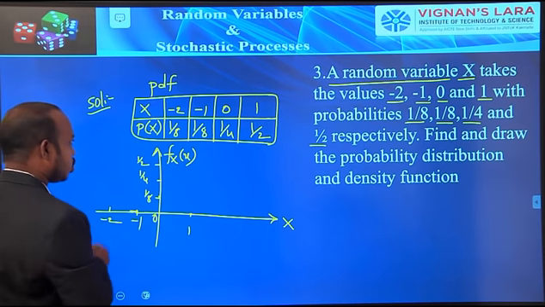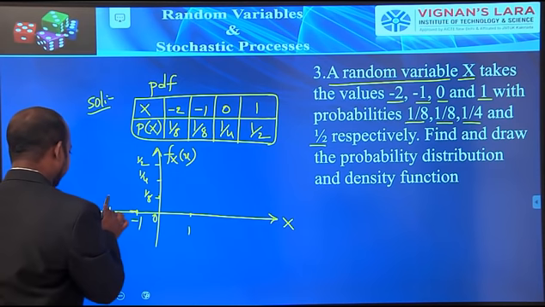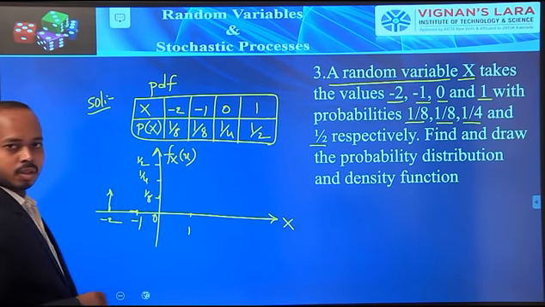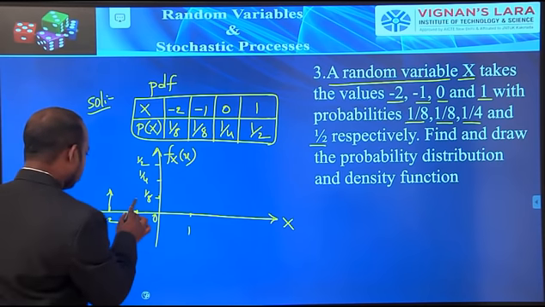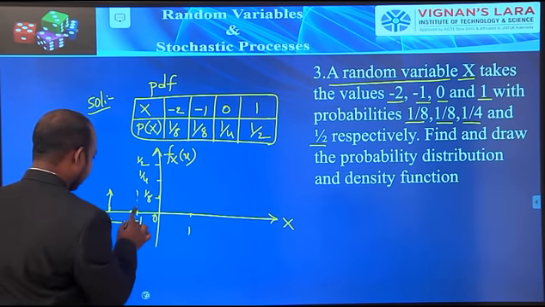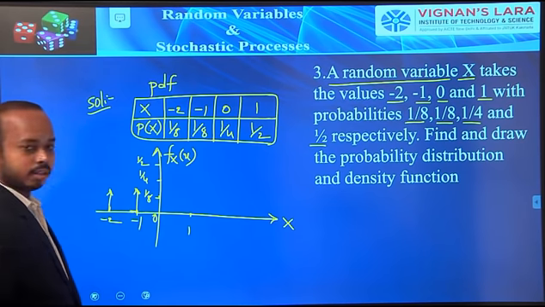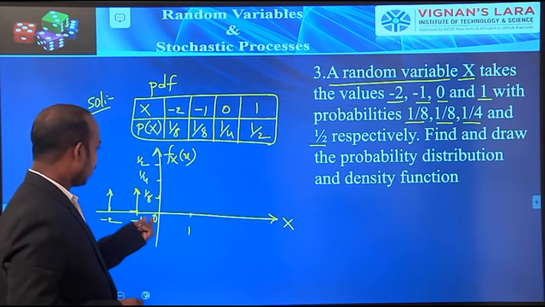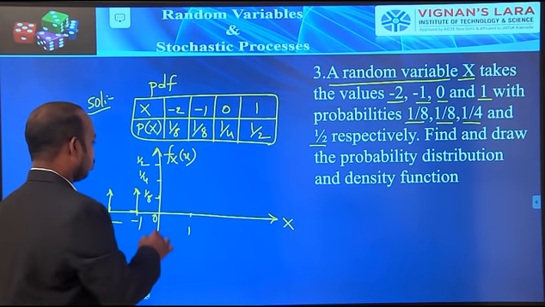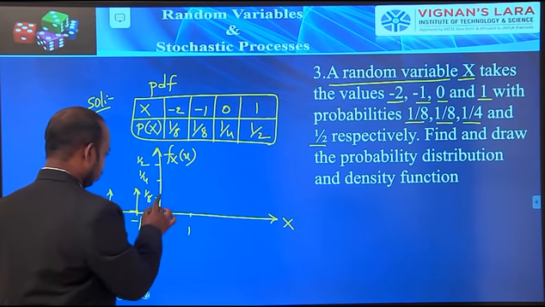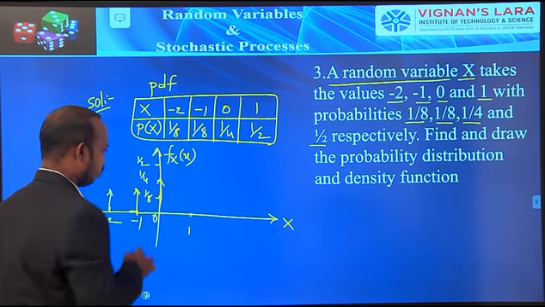At -2, the quantity is 1 by 8. At -1, the quantity is also 1 by 8. At 0, the value is 1 by 4.